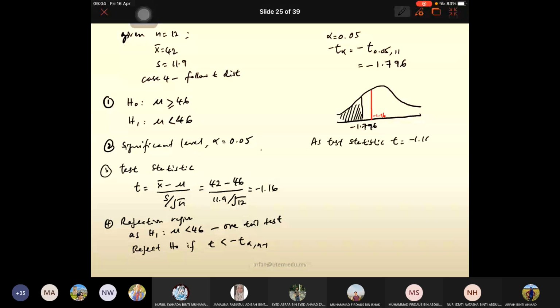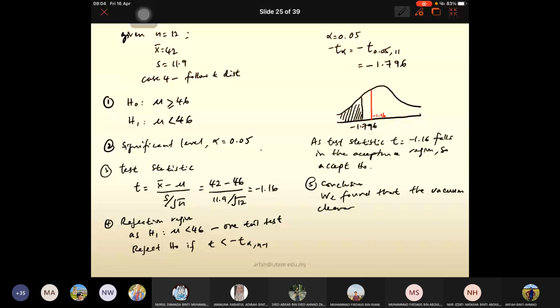H null. Based on H1, H null, so we can say the conclusion, we found that the vacuum cleaners are not significantly expand less than 46 kilowatt hours.